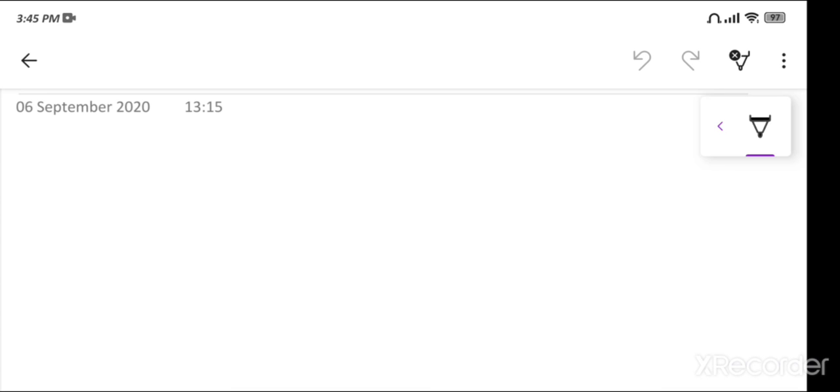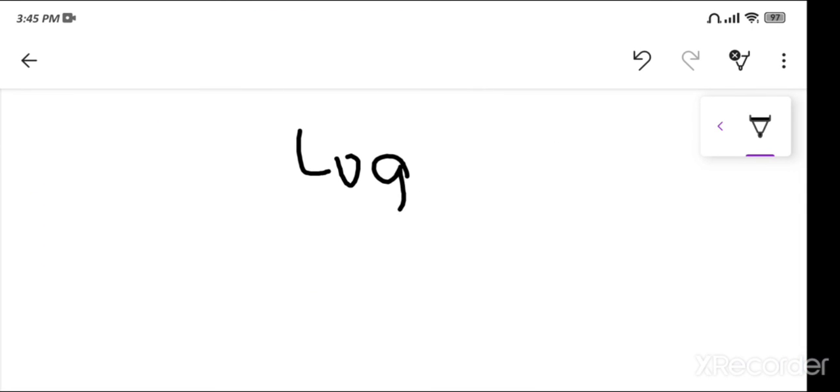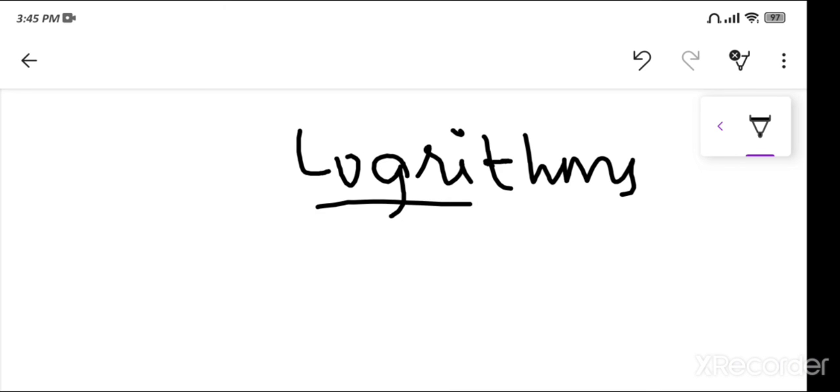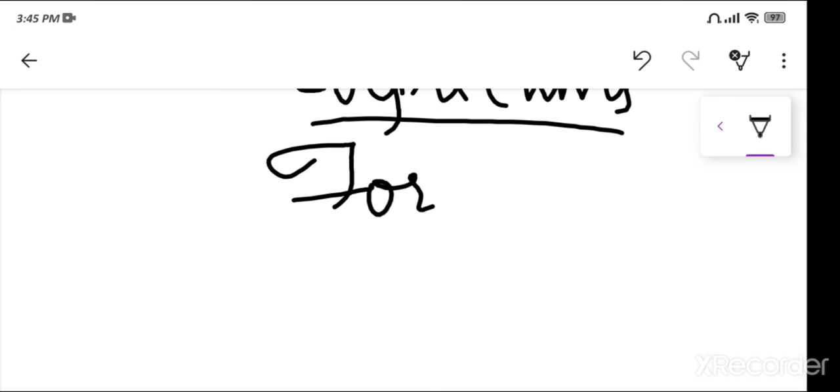So let us write here. Sorry if my handwriting is not that good. Nice. So we will start with the logarithms, and let's go with the formulas first.